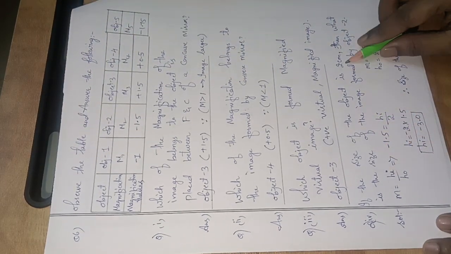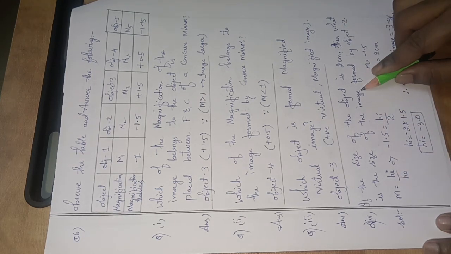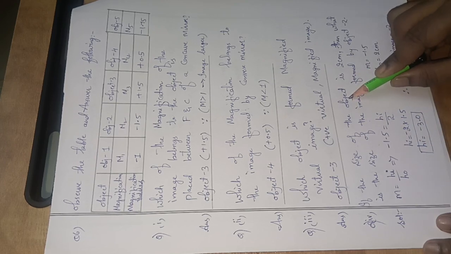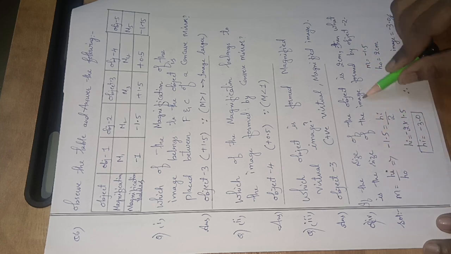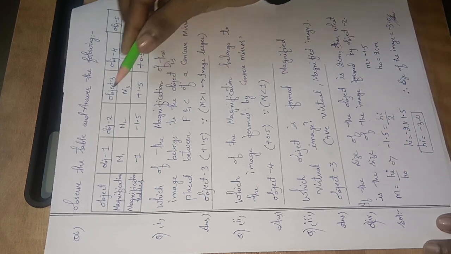If the size of the object is 2 centimeters, then what is the size of the image? U is equal to 2 centimeters, and v you have to find out. And then what is the size of the image formed by object 2?